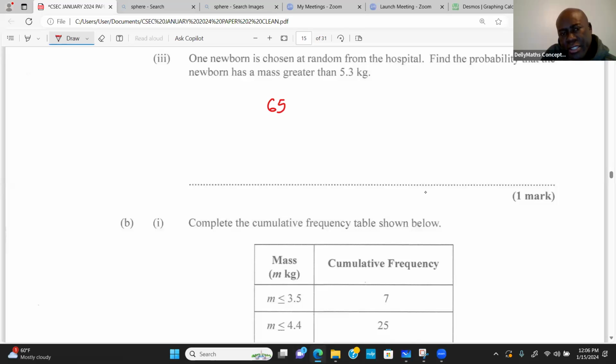But it's probability, so it's going to be 65 out of the total, that's 120. And you could break this down some more. Let us say you break it down using 5. 65 divided by 5, you get 13. 120 divided by 5, you get 24. If you give that, you're good. All right, let's keep going.